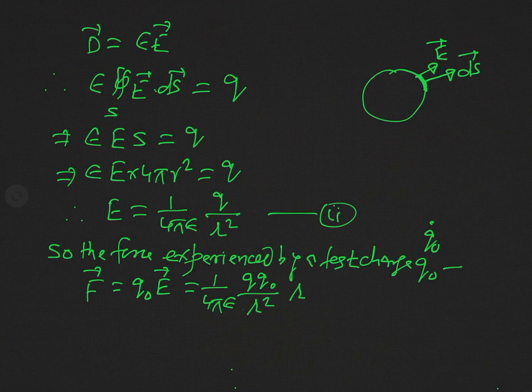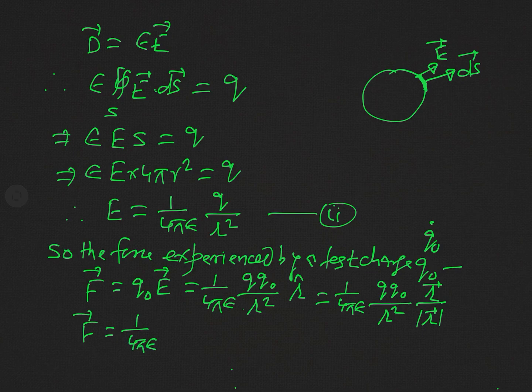As we know, this electric field is in the radial direction, and in the radial direction the unit vector is r hat, and we can write it as 1 over 4 pi epsilon Q Q naught over R square, and this unit vector may be written as vector R over mod of R. And so finally we get the expression F equal to 1 over 4 pi epsilon Q Q naught over R cube into R. And you know actually this is Coulomb's law.